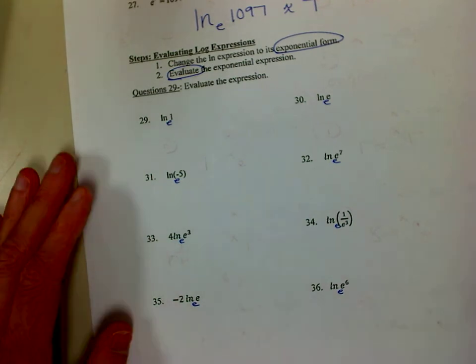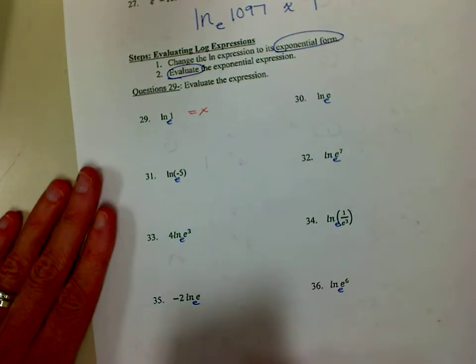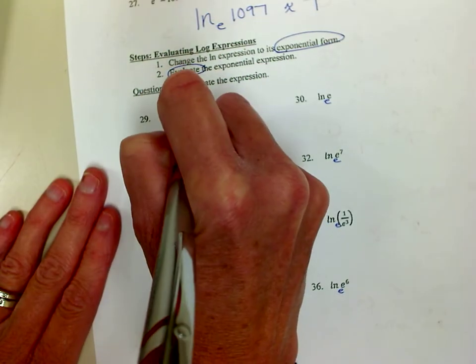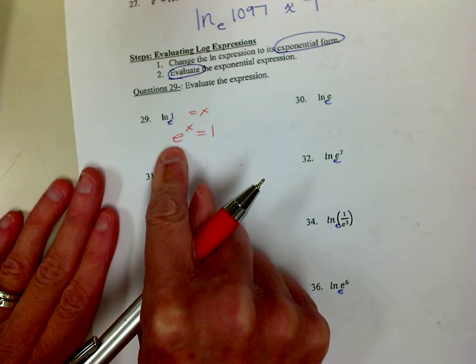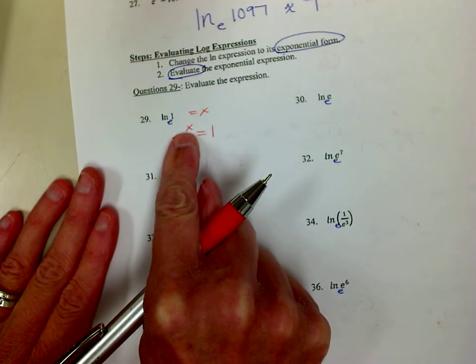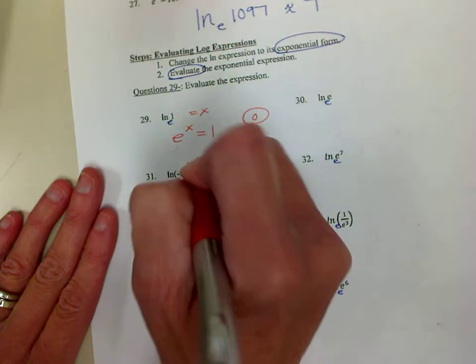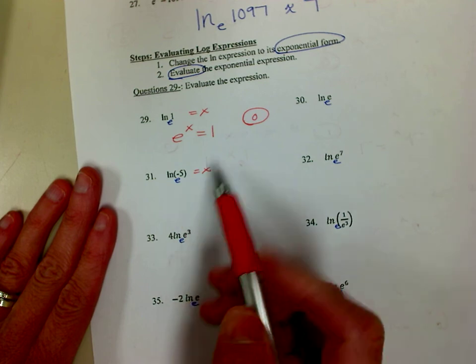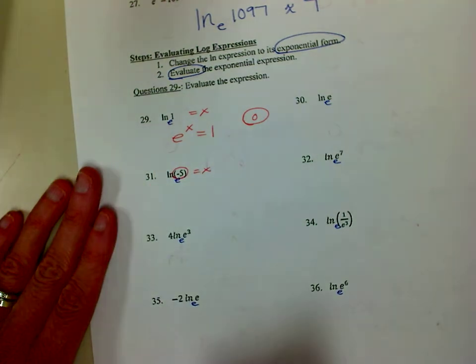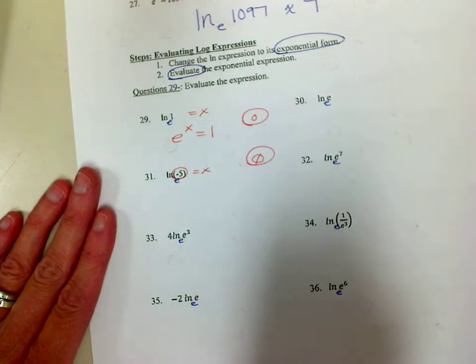And I don't know what it's equal to, so we're going to say it's equal to x. So the first one, I'm trying to figure out e to what power is 1. Again, it doesn't matter what your base is. Any number to the 0 power is 1. So my answer is 0. Now I didn't really have to do all this because my argument is not greater than 0. So this one is actually no solution.